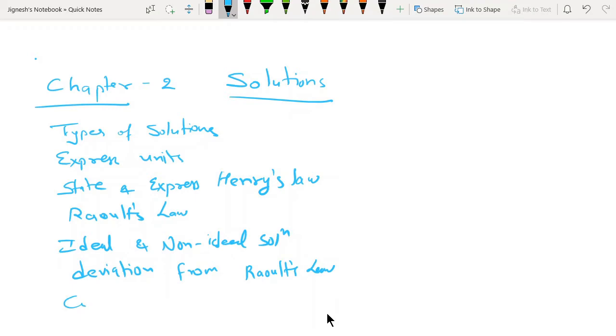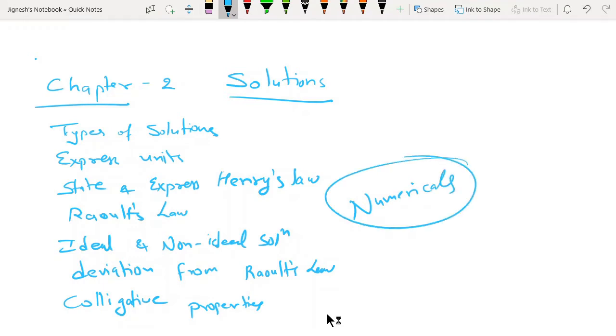We'll study about colligative properties. And yes, of course, in this chapter we'll have numericals.